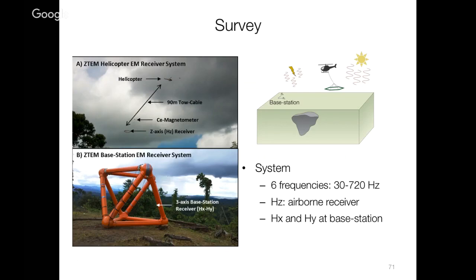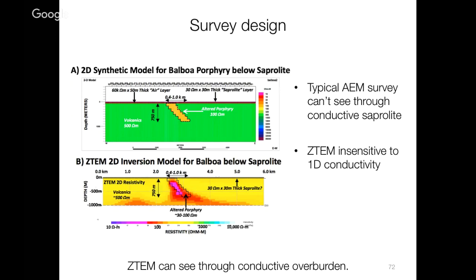The survey was a Z10 survey like we've just used, with 6 frequencies, an airborne receiver, and a base station. This was one of the things that gave them some degree of optimism that this could work.